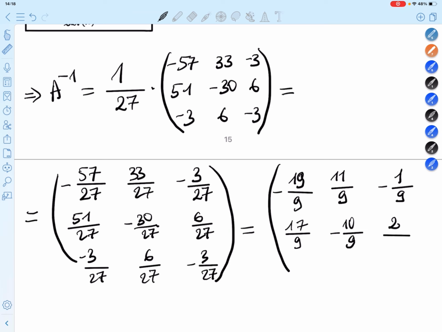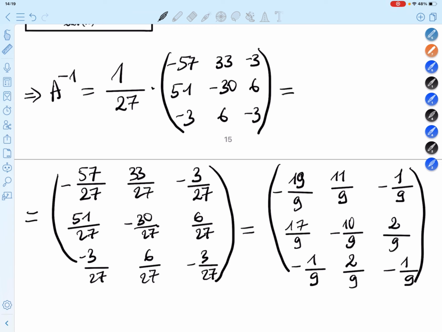Then 27 divided by 3 would give me 9. Then we have minus 3 divided by 3, 1. 27 divided by 3 would give me 9. 6 divided by 3 would give me 2. 27 divided by 3 would give me 9. And then minus 1 over 9.